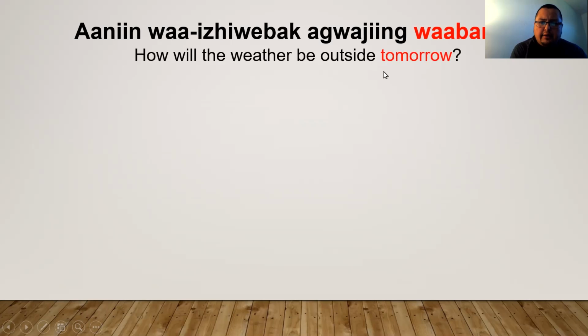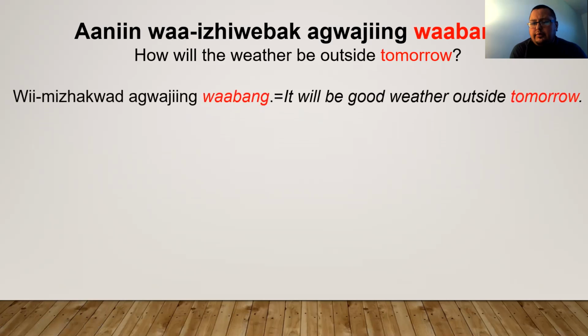How will the weather be outside tomorrow? Aaniin wa ezhiwebak agwajiing wabang. And we don't know. We're not psychics. We don't know what the weather is going to be like. But we can guess on our weather.